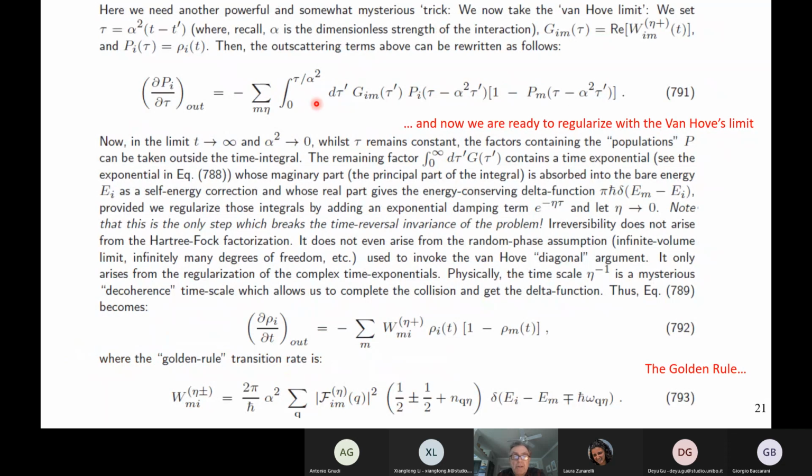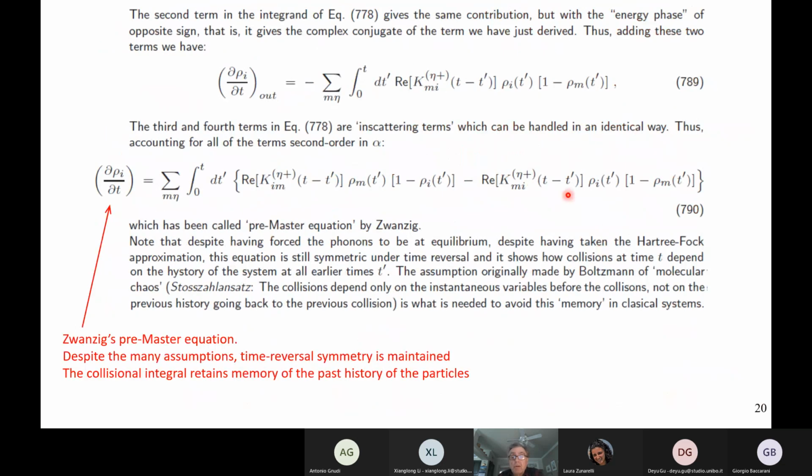So in order to regularize this integral, we add a little bit of a regularizing term. I call it eta here, a bad choice of nomenclature because eta was the branch index of the phonons. Let's call it s instead. And then we'll take the limit of s going to 0. In this case, we recover exactly the Fermi golden rule, because that's the integration that we have to perform.